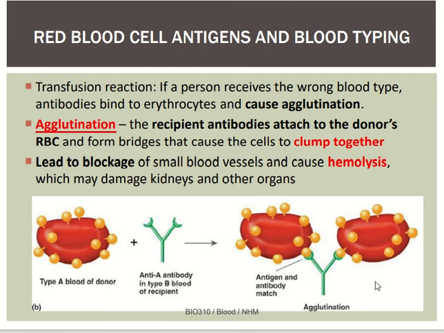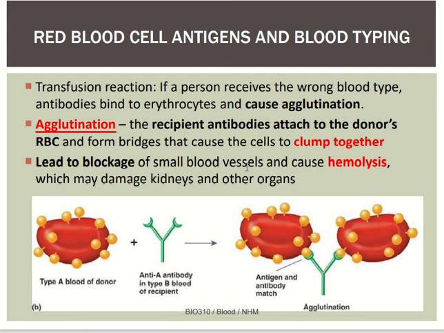When a lot of red blood cells are clumped together, it can lead to blockage of the small blood vessels, because when they are clumping they produce a bigger mass and they cannot pass through the small blood vessels.